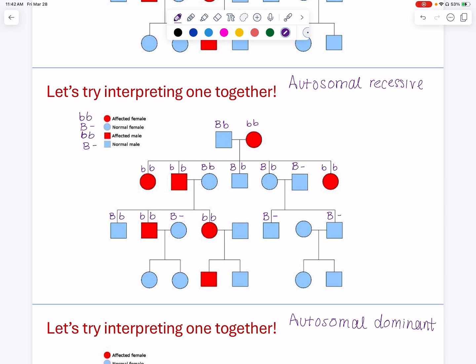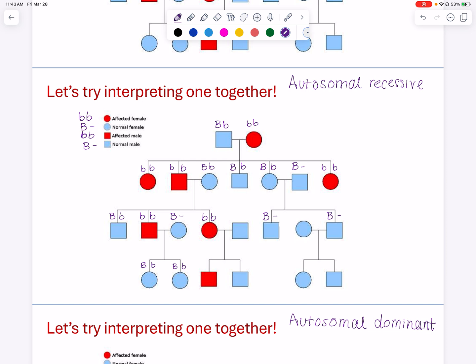Just because they have two children and both of them are normal doesn't necessarily mean that mom is homozygous. But what we do know is that because dad can only give a little b, both of their kids have got to be heterozygous.